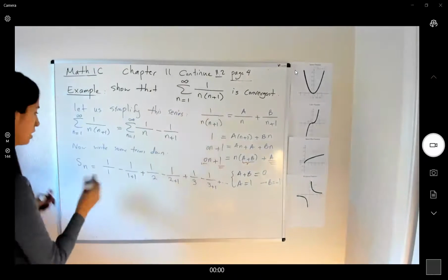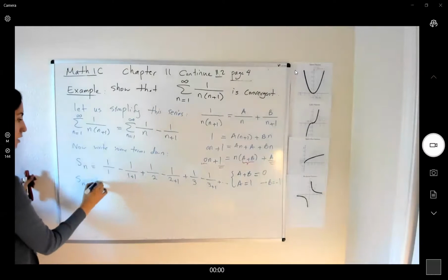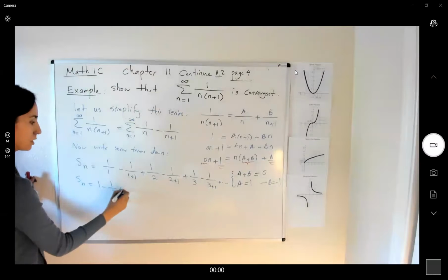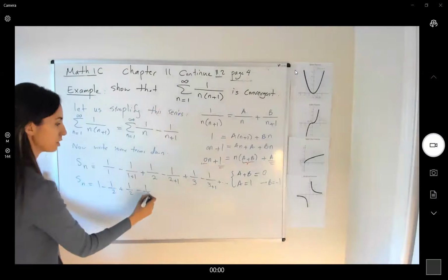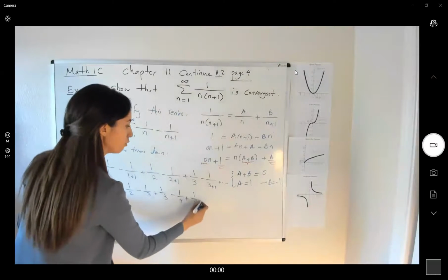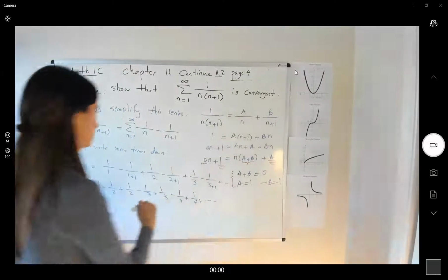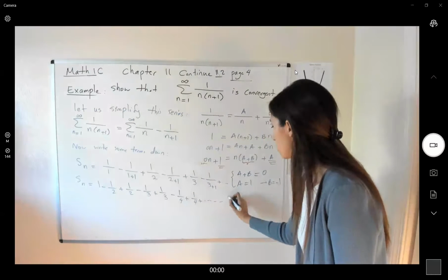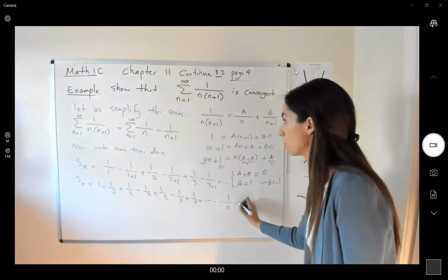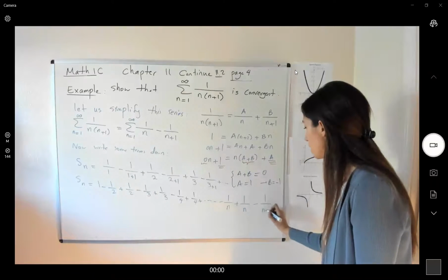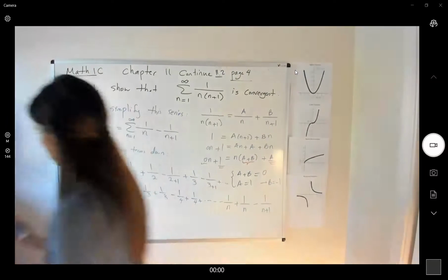Okay, take a look at this. S of n is 1 minus a half plus a half minus a third plus a third minus a fourth plus a fourth, and so on. Since it is S of n, we get minus 1 over n plus 1 over n minus 1 over n plus 1.